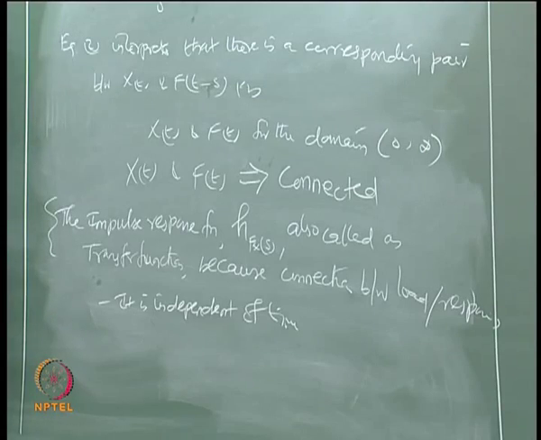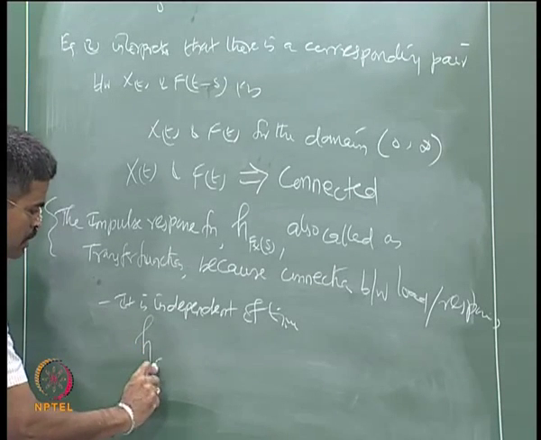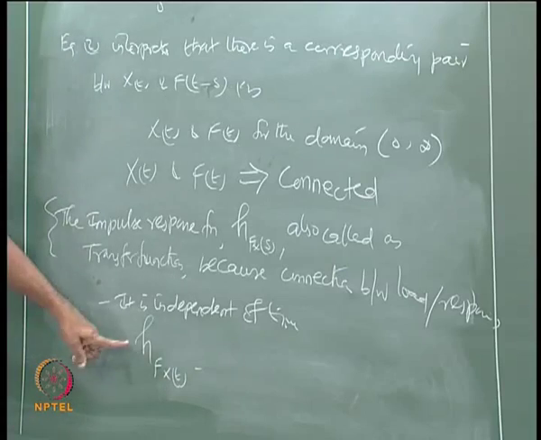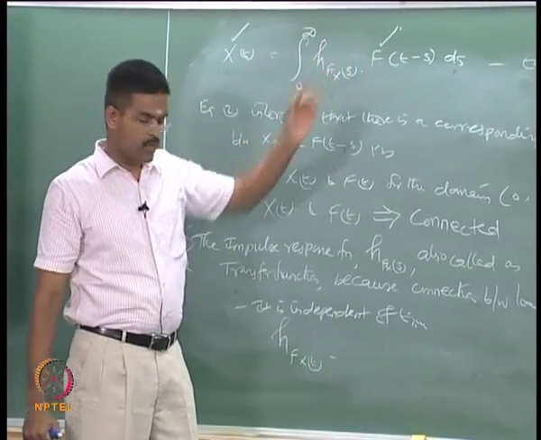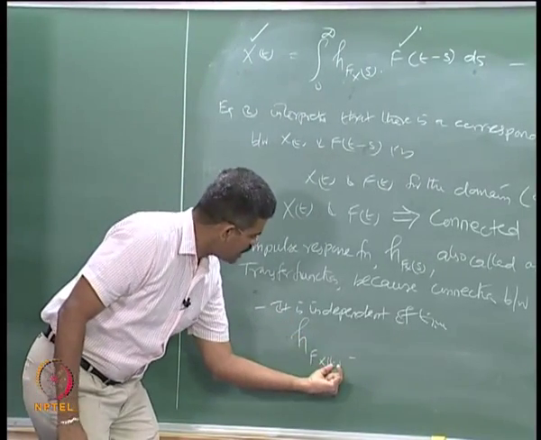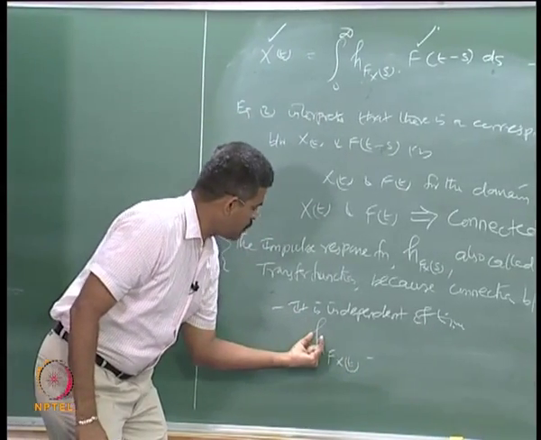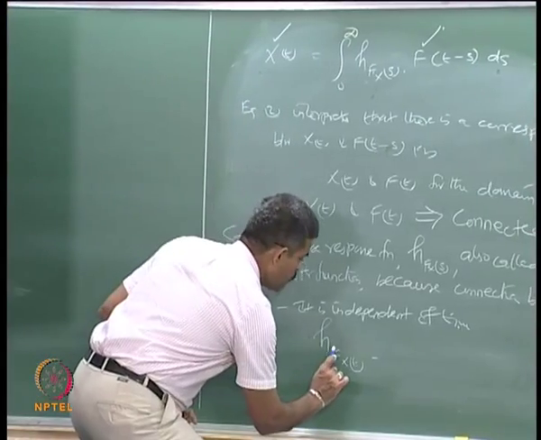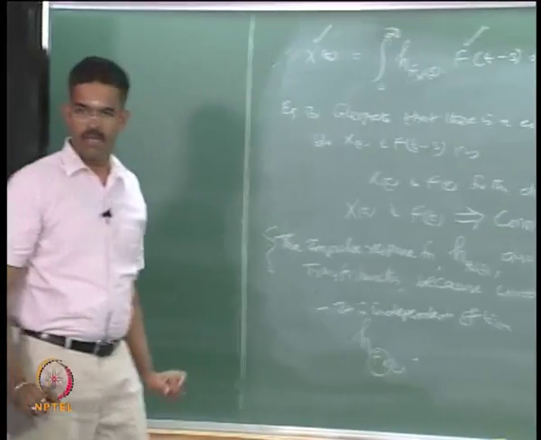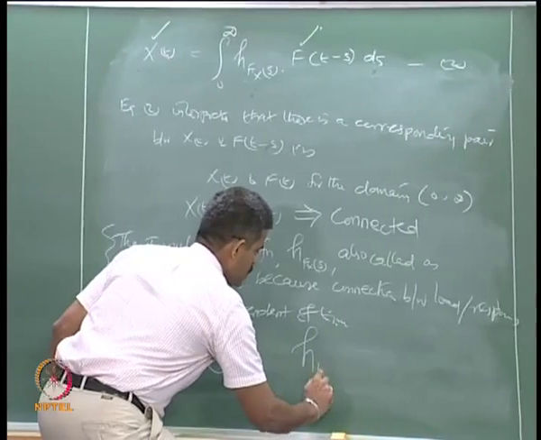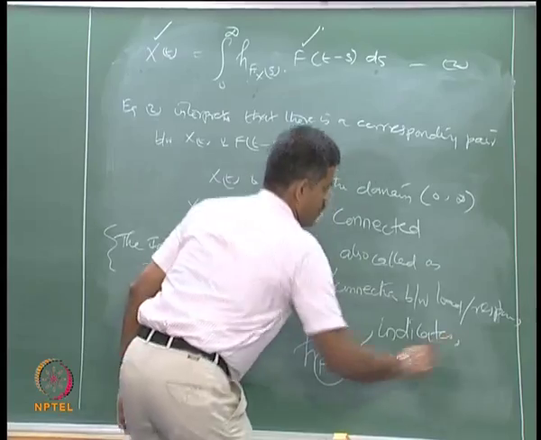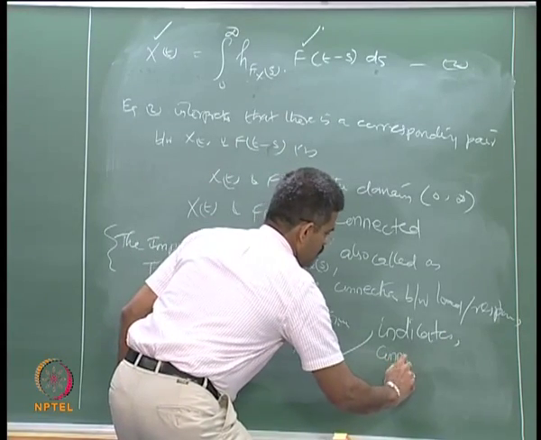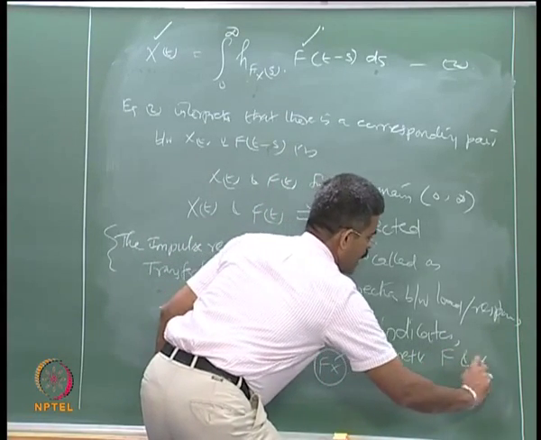Now you may wonder that in h_fx, s is a variable or t can also be. You can wonder that yes, since t is there, x of t is there, is it a function of time? It is not. The subscript fx indicates that the connectivity is between f and x.